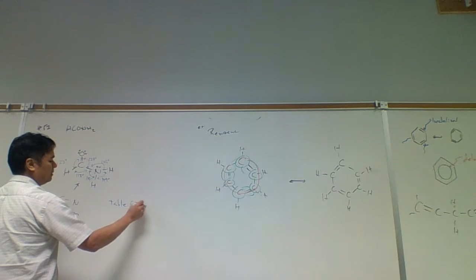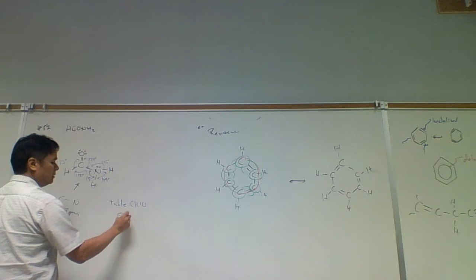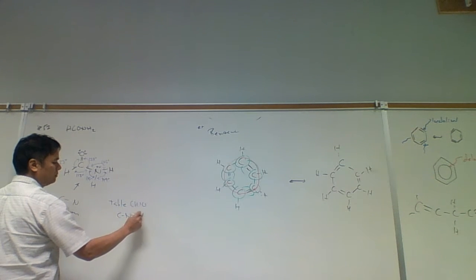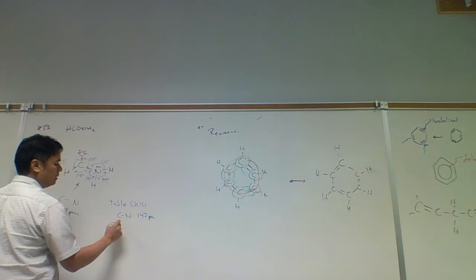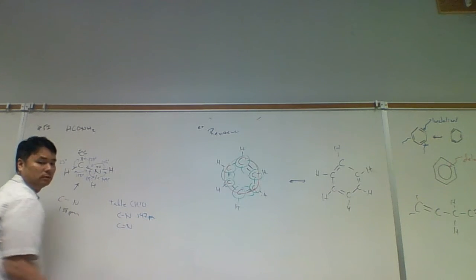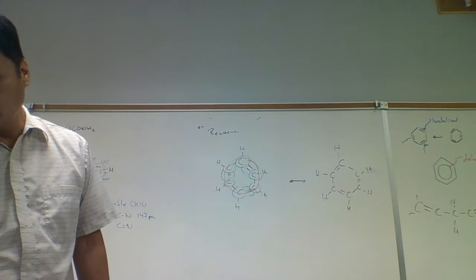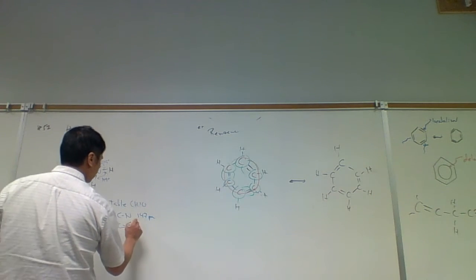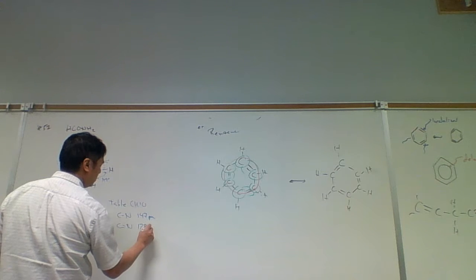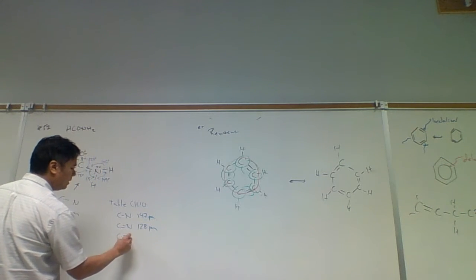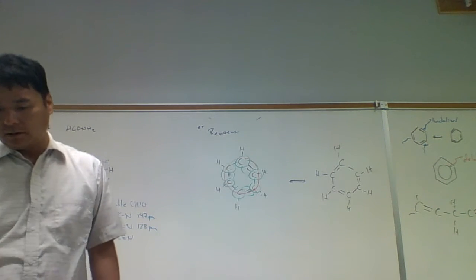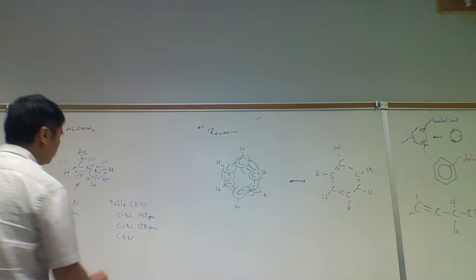A carbon-nitrogen double bond is going to be shorter, 128 picometers. And the carbon-nitrogen triple bond is 120 picometers.